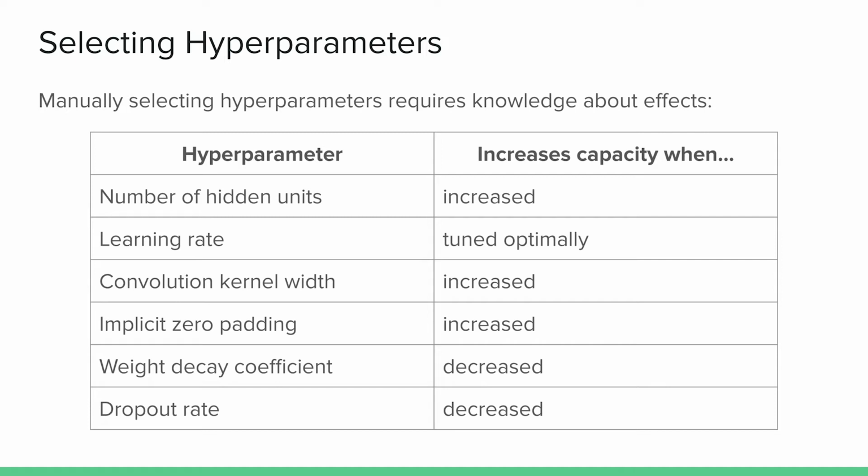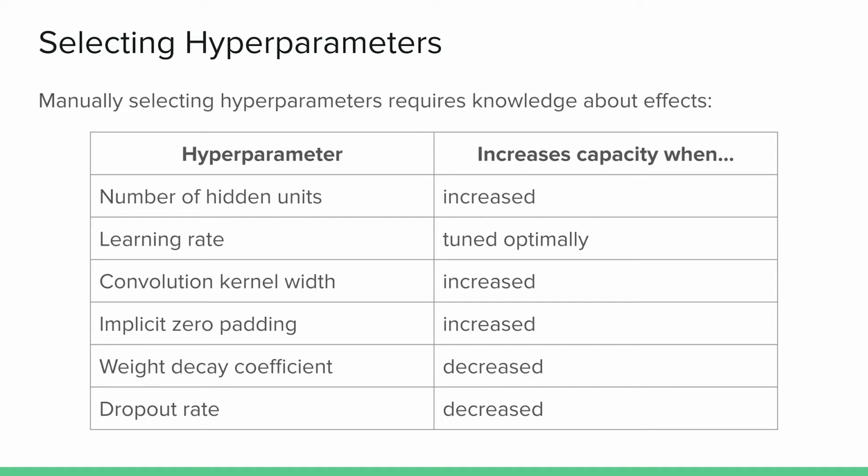Implicit zero padding is what we've seen before, that if you have an image, you're padding around it to make sure that you're always seeing all of the data and not losing some information. So obviously you're increasing capacity when you're doing this. Weight decay is also something interesting.